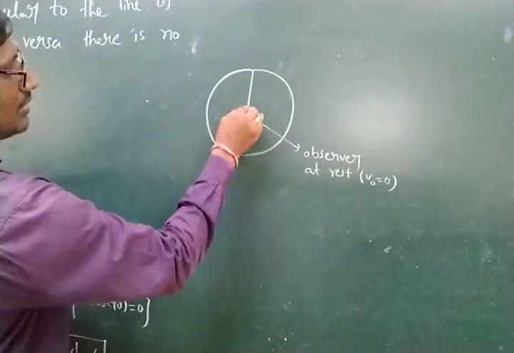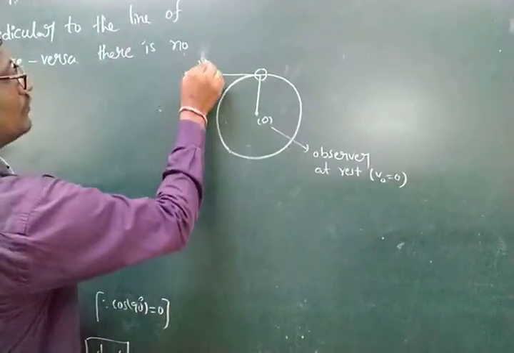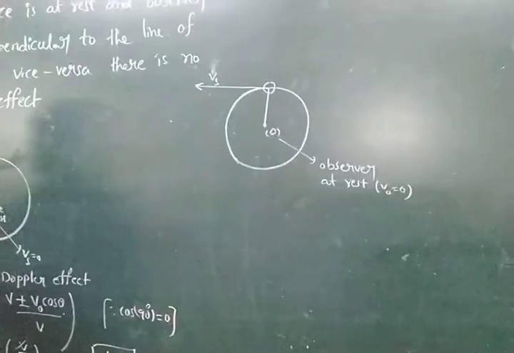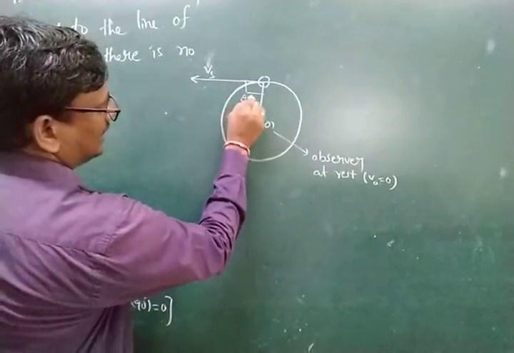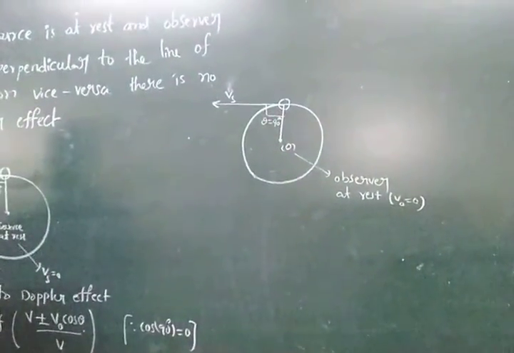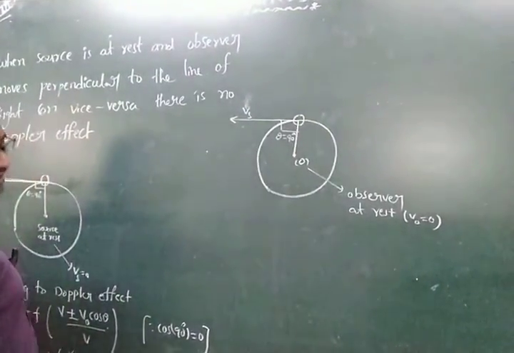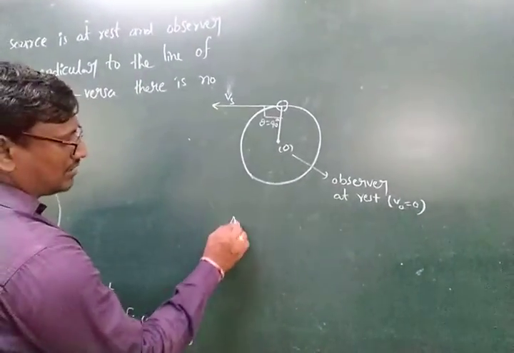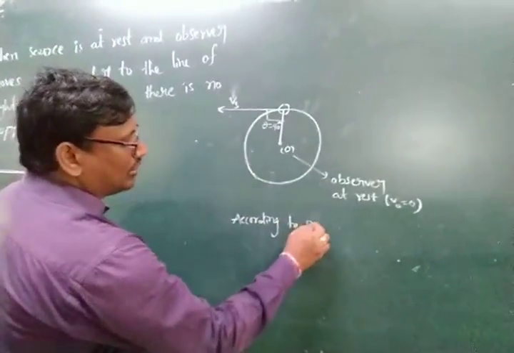Here the source is moving perpendicular to the observer. Again theta is 90 degrees. Again we can find the frequency of the source according to the Doppler effect.